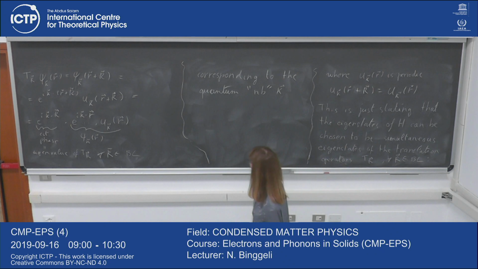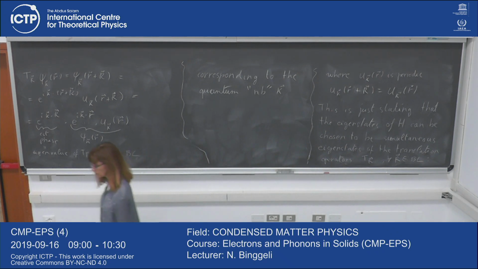So k is a good quantum number, and I can label my eigenstates of the Hamiltonian using this quantum number. That is, I can work in a given subspace corresponding to a given k. I can separate the eigenstates using this k.